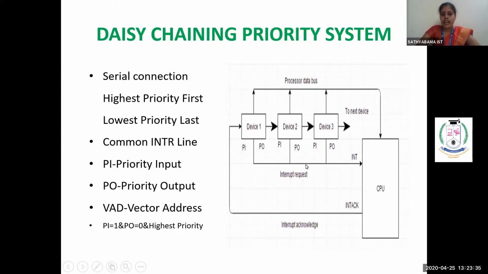It will be high. It's commonly connected to all the devices. It's one line. So whenever any one of the signals comes, the interrupt request line will be enabled.